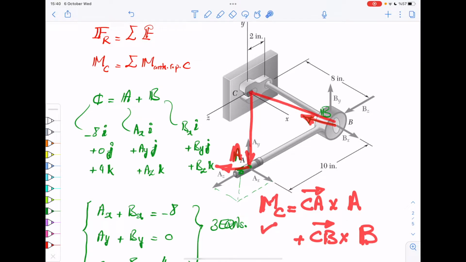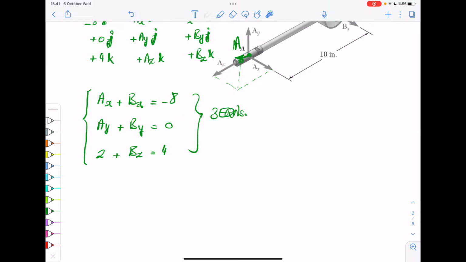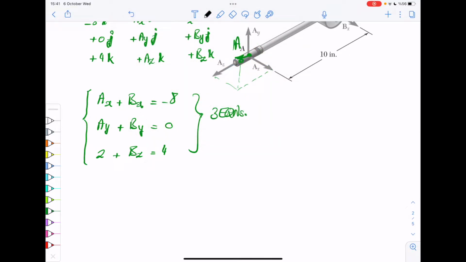And then we know what is MC. We know what is CA and CB, because we have the geometry. We have all the dimensions in the example. And then the unknowns are, again, condensed within A and B. So that's what you need to write next. All right. For doing that, I will just express the same equation again.